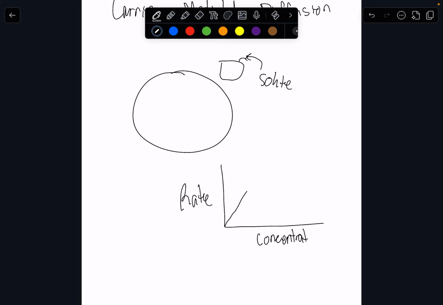As I add more of my solute, it's still going through high to low diffusion. But since we're depending on these carrier proteins to allow the solute to cross that membrane, it really depends on how many carrier proteins we have. So it's going to go up at a constant rate, but once we're using up all those carrier proteins, it's like, we don't have any more to give. We used our whole team, we can only go so fast. So it reaches a point where it just levels off.